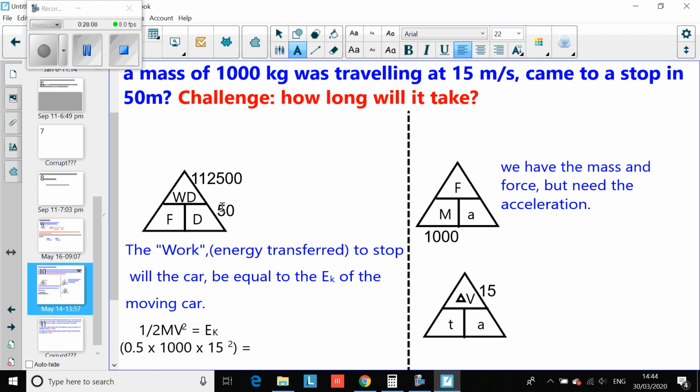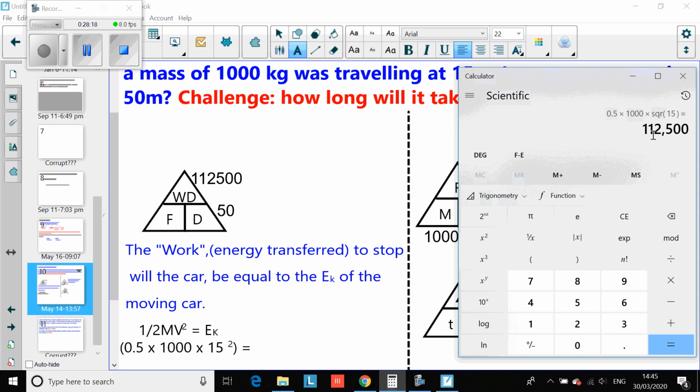Okay, so now we do have 2 values. So what we can do is we can do that divided by that, and we've got our force. Quite simply, we do 112,500 divided by 50, and our force is 2,250 newtons.